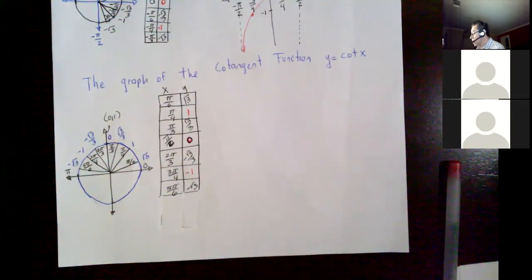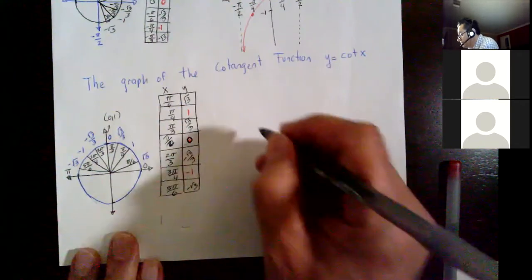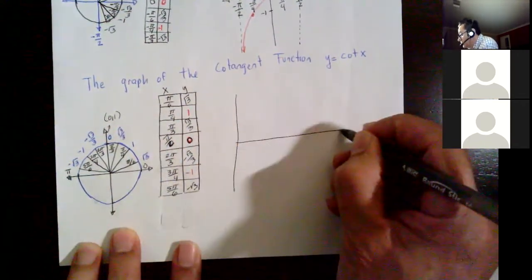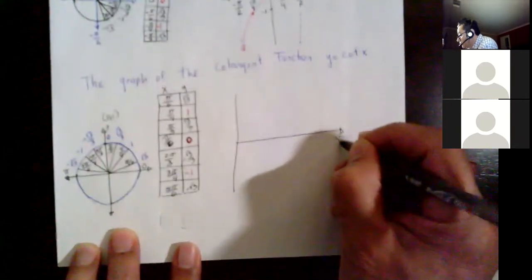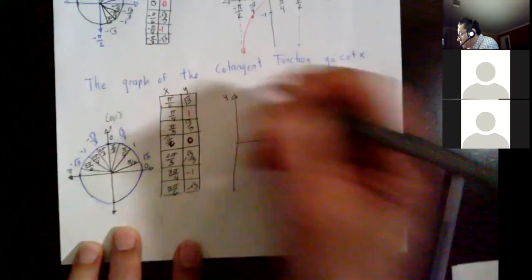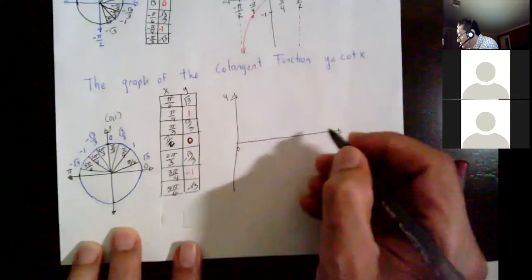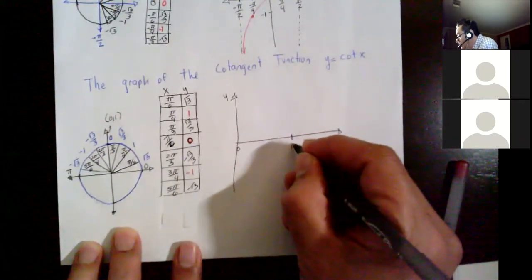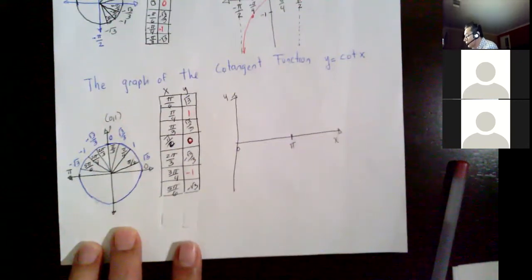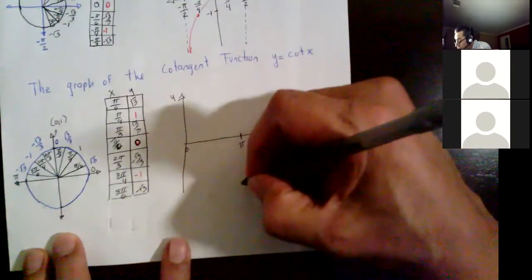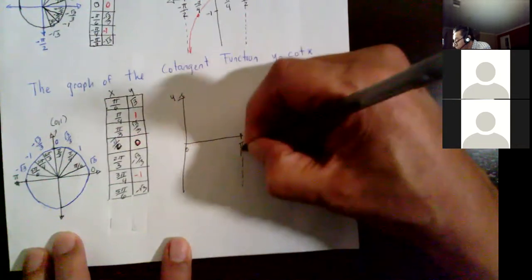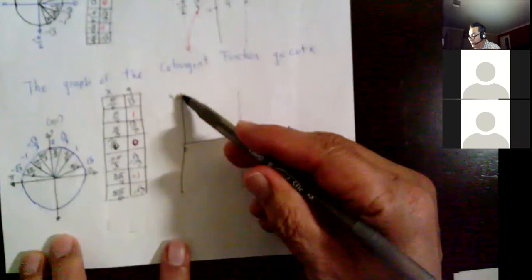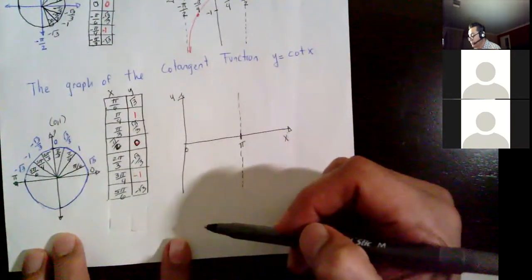So the graph of the cotangent: if this is 0 and this is pi, at pi this is a vertical asymptote.